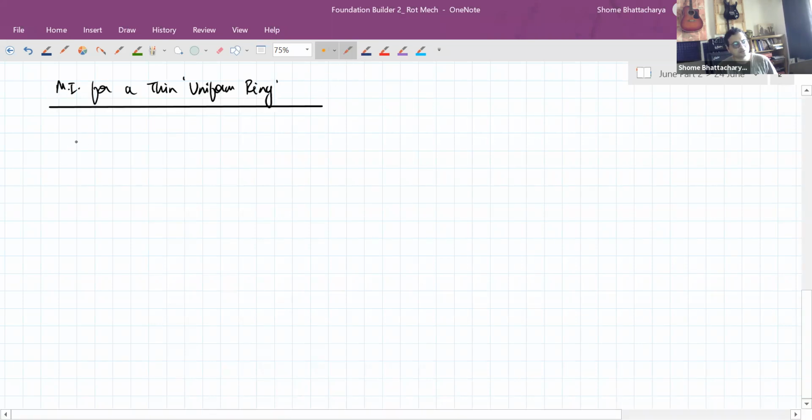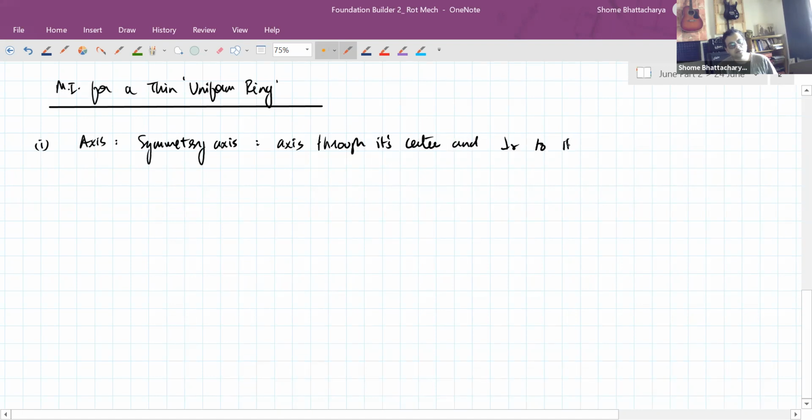The first case of this we'll discuss is if we take the axis being the symmetry axis, that is the axis through its center and perpendicular to its plane, that kind of symmetry axis.